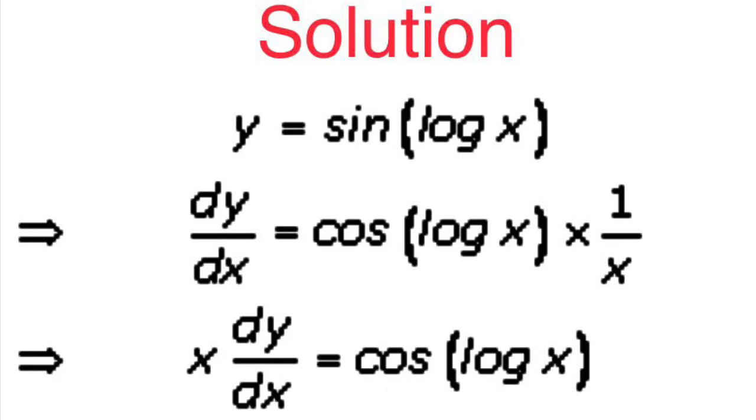Now, in the next step, we are going to transfer x to the left hand side. So we will get x into dy upon dx equals to cos of log of x.